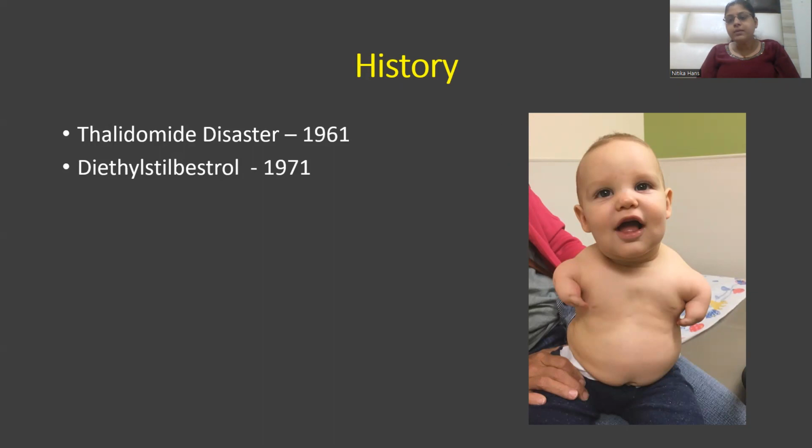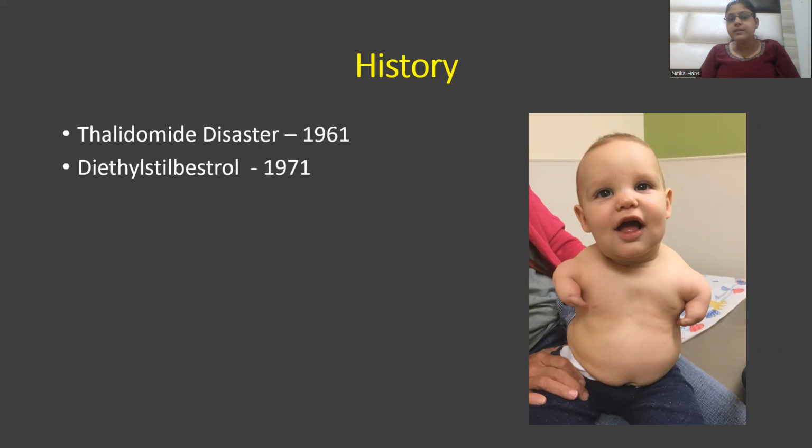When their babies were born, the offspring developed phocomelia, that is seal-like limbs, short limbs. This was seen in the offspring of pregnant females who were taking thalidomide as the treatment.